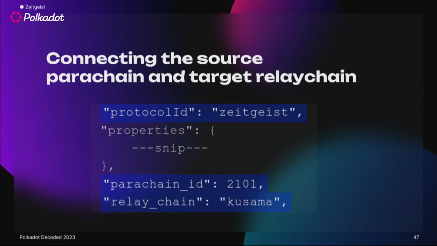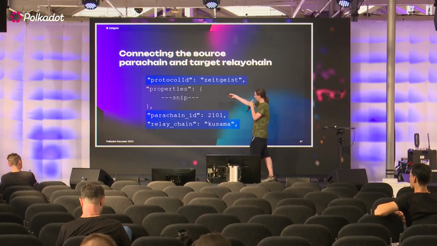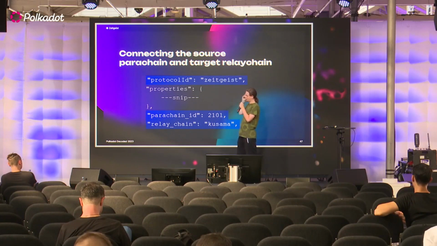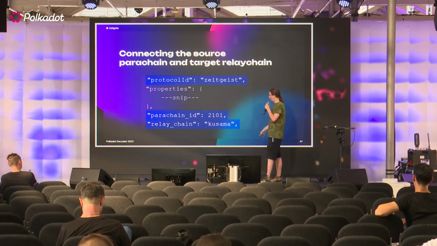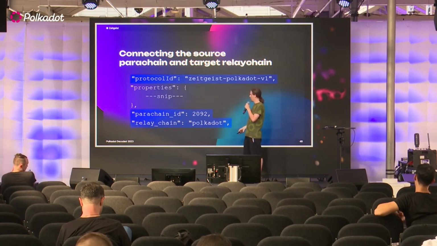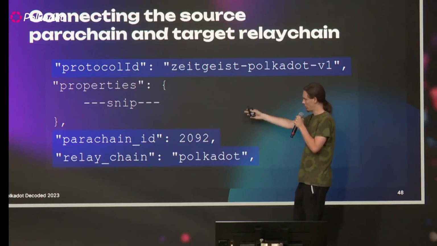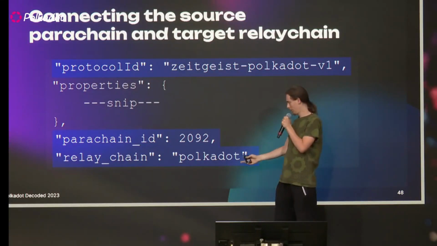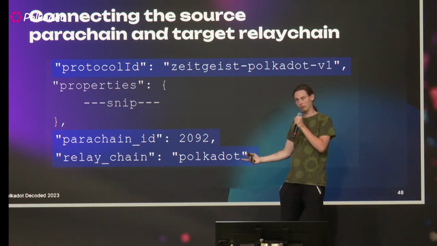All you have to do is take the chain spec that you used previously, and I've marked some lines here that are important. The protocol ID, which is a unique identifier for the network, the parachain ID, and the relay chain the parachain operates on. In the case of Zeitgeist, we just applied a new unique protocol ID. We adjusted the parachain ID to the one on Polkadot, and we said the relay chain is now Polkadot.